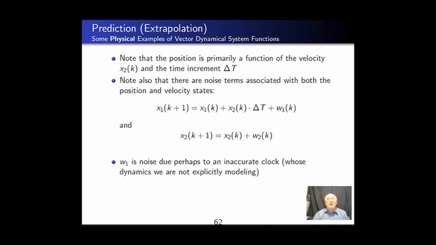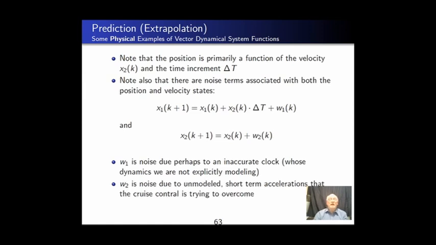Further, in the second variable, the x2 variable, we might have some noise due to some unmodeled short-term accelerations that the cruise control is trying to overcome. So, for example, the road is going up and down, and it's not always perfectly level. There's potholes. And all this is going to show up as some kind of unmodeled acceleration, but they're very short term. So it might make sense to model these with a white noise.